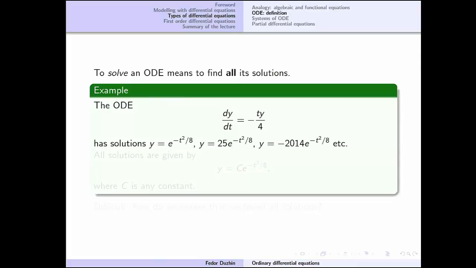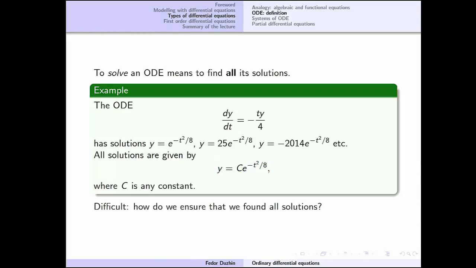If the question is to solve this ODE, then you can try to see that each of these formulas is a solution, and you can of course assume that all solutions are given by this formula, and it is in fact true, but at the time being we cannot really prove that we have actually found all possible solutions.